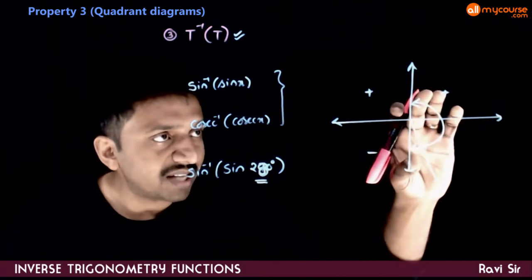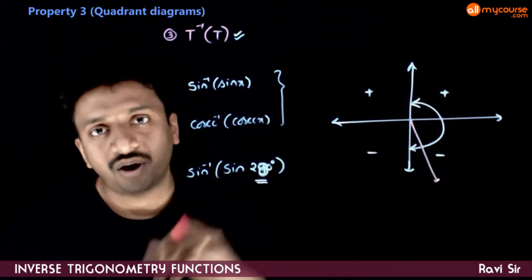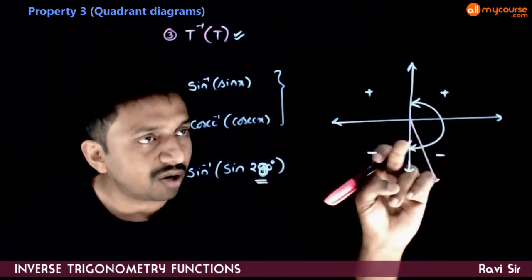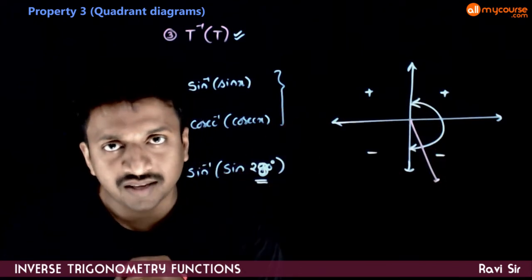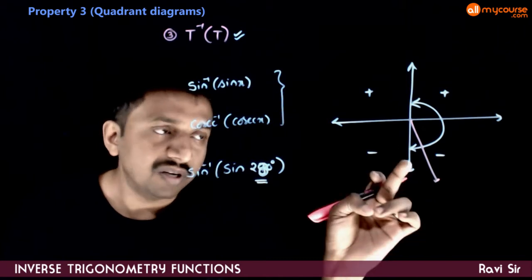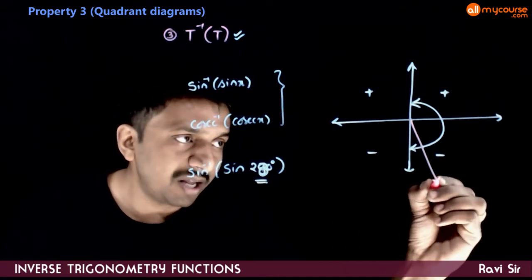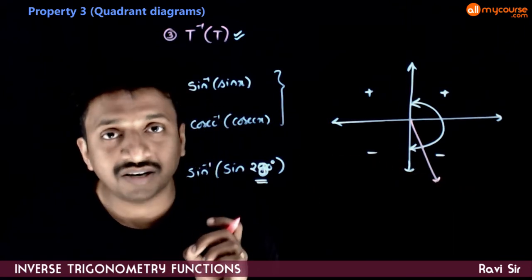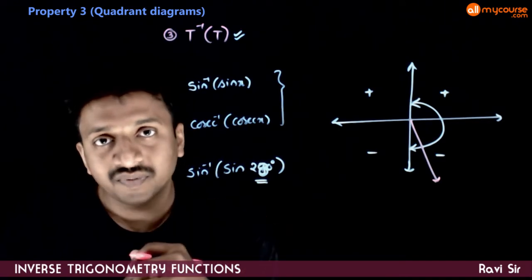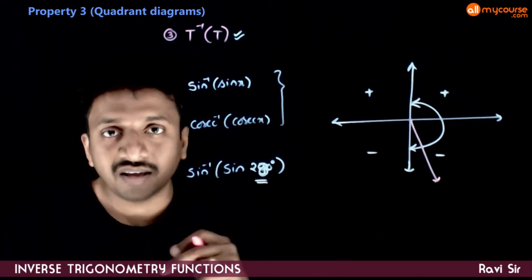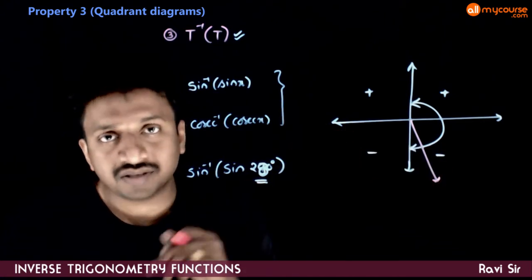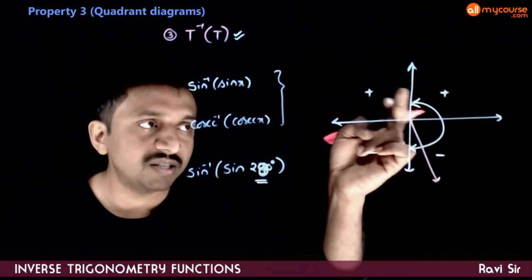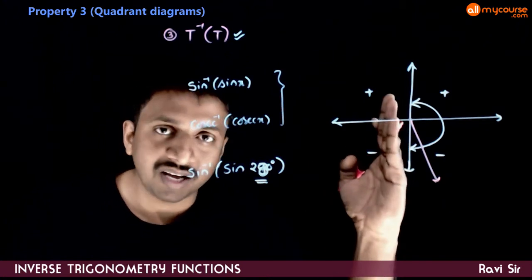Now the ray has stopped in the range of sine inverse. So what you do now is, you just need to find the corresponding angle to this ray measured in the standard convention. So if you take this ray, what is the standard convention angle corresponding to this ray? We know that if you rotate by 280 degrees, 270 corresponds to this.